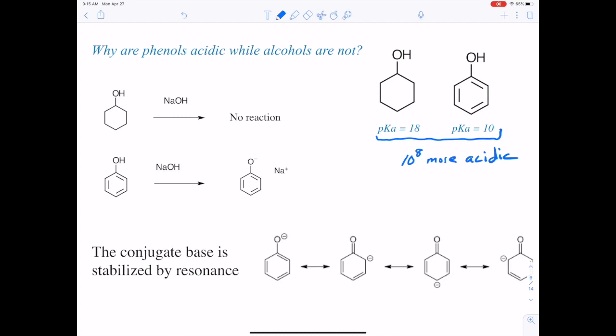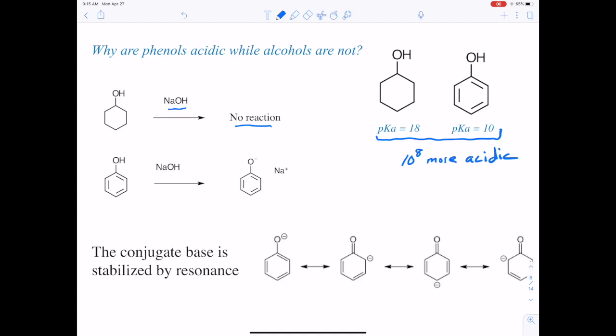So if you try to react cyclohexanol with sodium hydroxide, you get no reaction. The alcohol is not acidic enough to be deprotonated by the hydroxide ion.